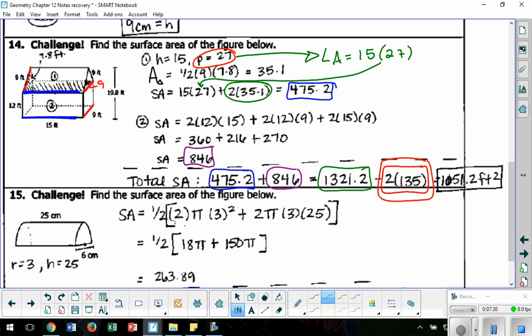There we go. The wrapping paper that we wasted are the two sides that are touching in the two figures. We have to subtract that out. That's this right here.